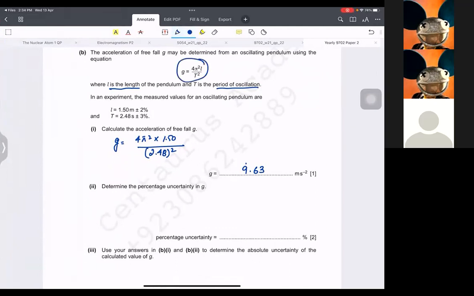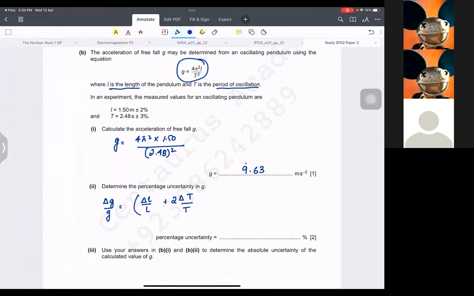We're looking at this. 4 pi is nothing. So change in G over G equals the uncertainty in length over length plus uncertainty in T over T. Plus there is a square on T, so we're going to multiply 2. And you're going to ignore everything else because that's constants.